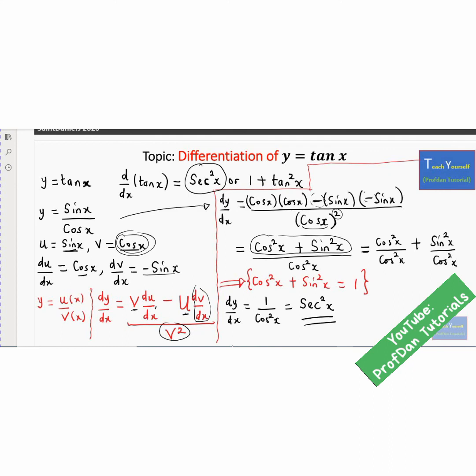Yes, we can split it this way, and from this we see that the numerator and the denominator are the same in the first fraction, so it gives us 1 plus, remember the ratio of sine to cos will give you tan. So sine squared x divided by cos squared x is going to leave you with tan squared x. That means your result of differentiating a tan function is sec squared x, or the second one, 1 plus tan squared x.